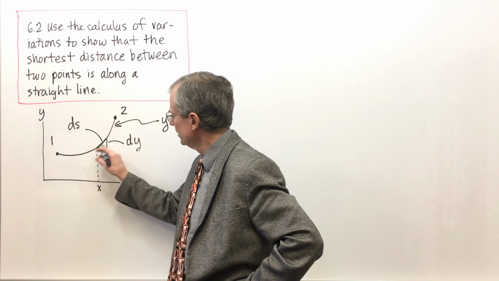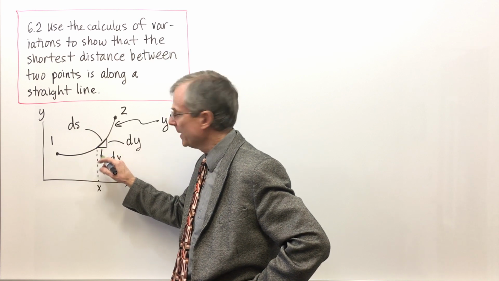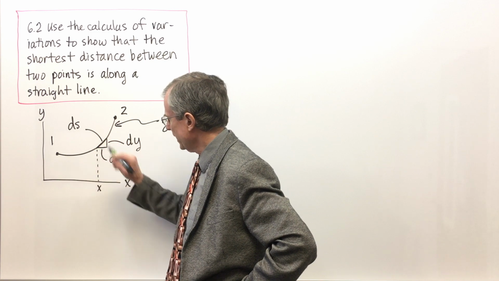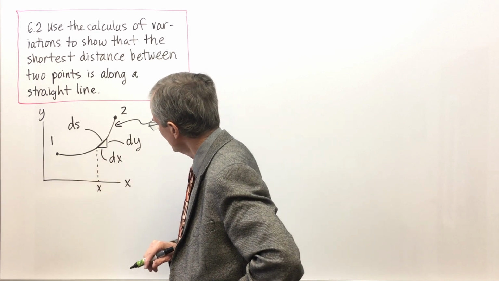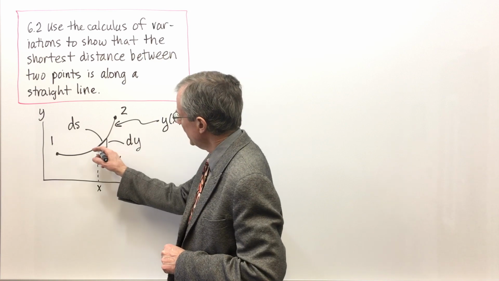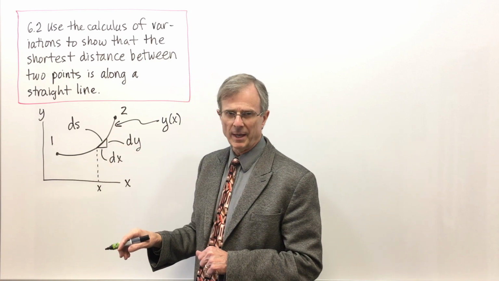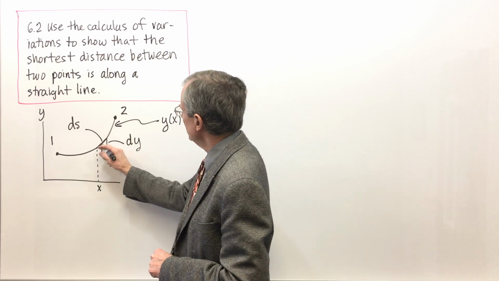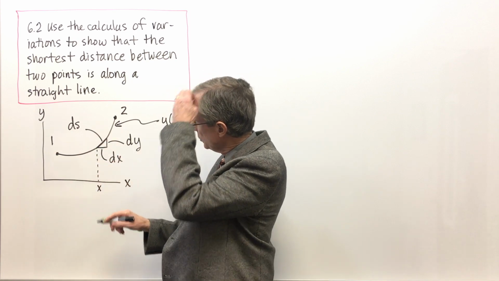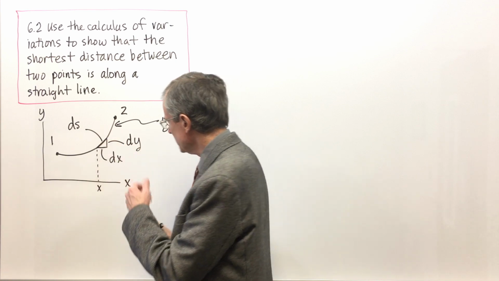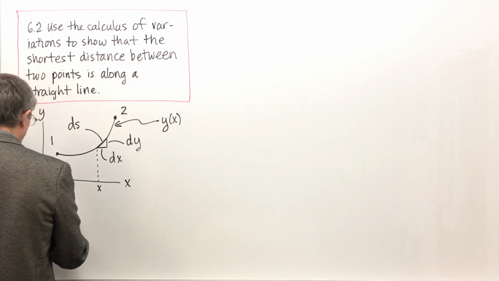This point here to this point here. How far do I have to go to get from x to x plus dx? Well, I've got some horizontal distance and I've got some vertical distance, dy, and the distance traveled between those 2 points must be given by the Pythagorean theorem.